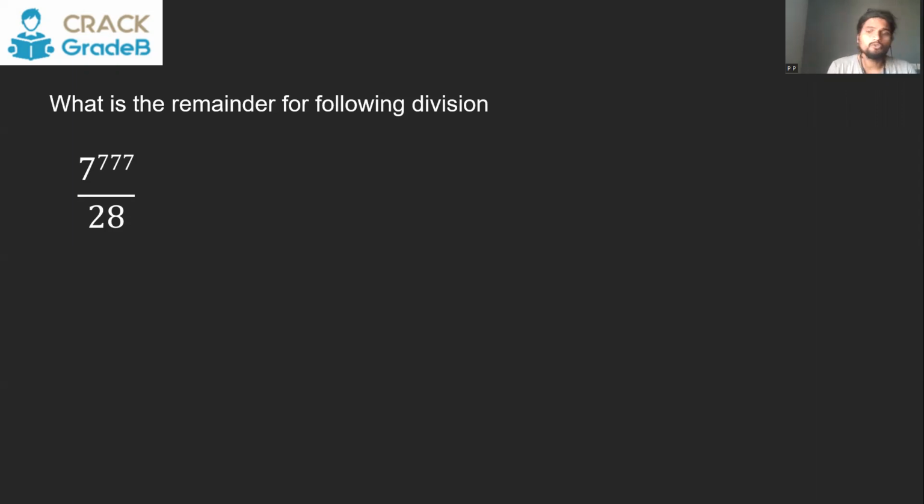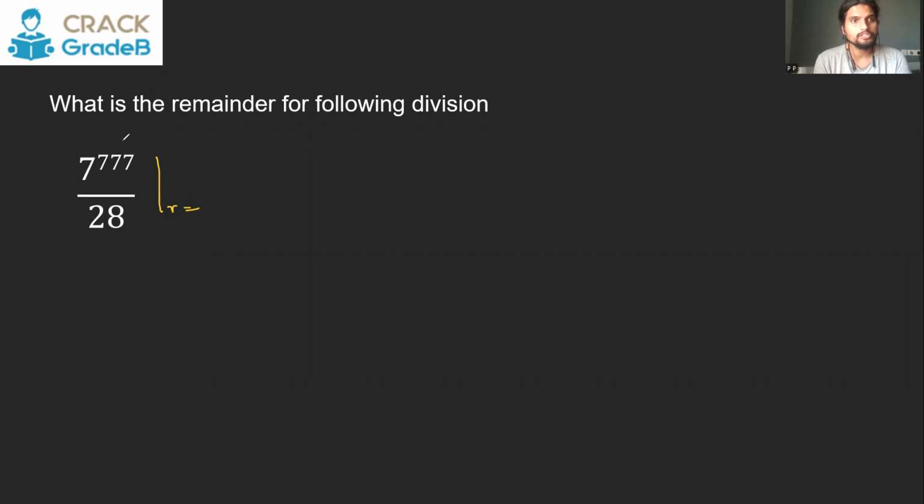So if you are a student who doesn't know anything about this, and you are seeing this question for the first time, your approach should be to form the pattern. Pattern making is again one of the very important techniques to solve remainder-based questions. What do you mean by pattern? I have to find the remainder when 7 raised to power 777 is divided by 20.